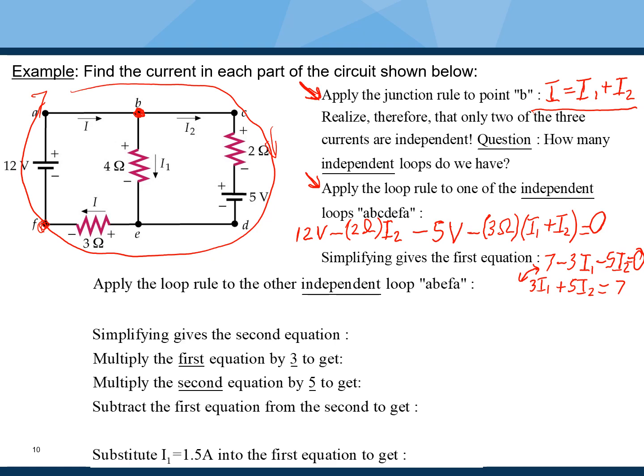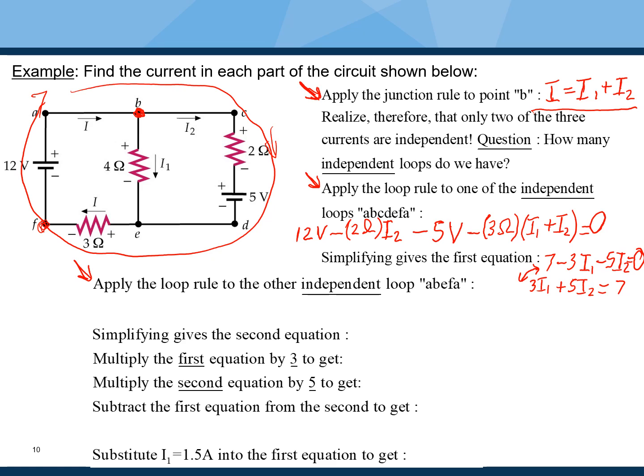Now we're going to follow this third suggestion that is given to us, which says to apply the loop rule to the other independent loop, and you have a choice. You can actually choose B, C, D, E, B, but that's not the choice that is being suggested to us.